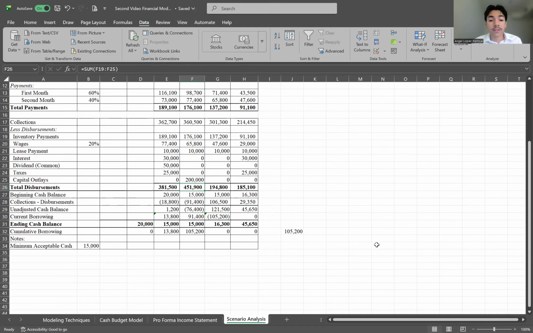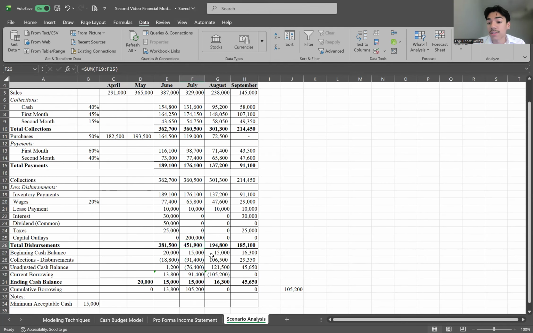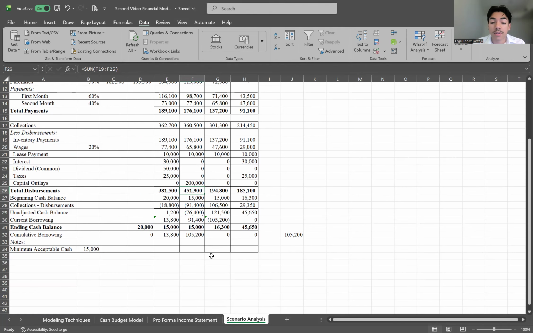The maximum borrowing is just the largest amount the company can borrow from the bank during this period in order to maintain the minimum cash, which is 15,000 for this model. And of course, lower borrowing is better. It usually means less interest and less risk financial wise.